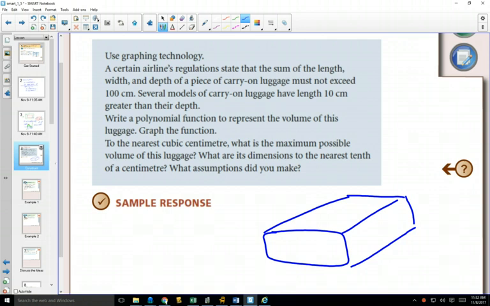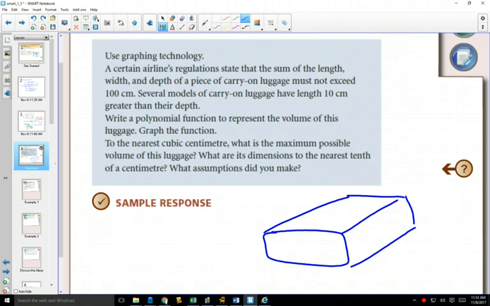Yeah. So there is our suitcase, and it says several models of carry-on luggage have a length 10 centimeters greater than depth. The depth, the width, and the length can't go over 100. So the hardest part in these questions is deciding what I am going to make my variable, and how is everything else related to that variable.